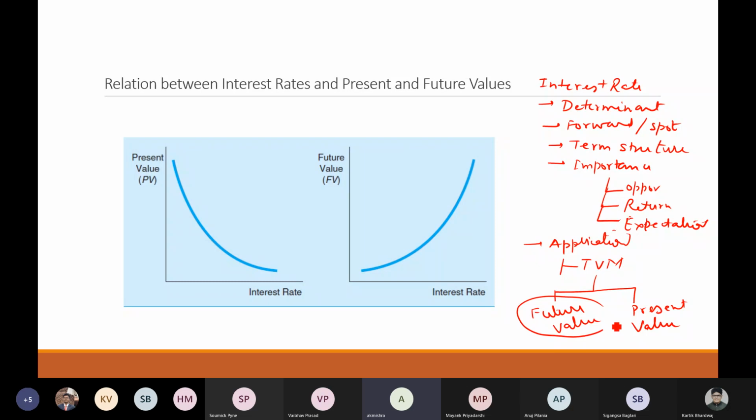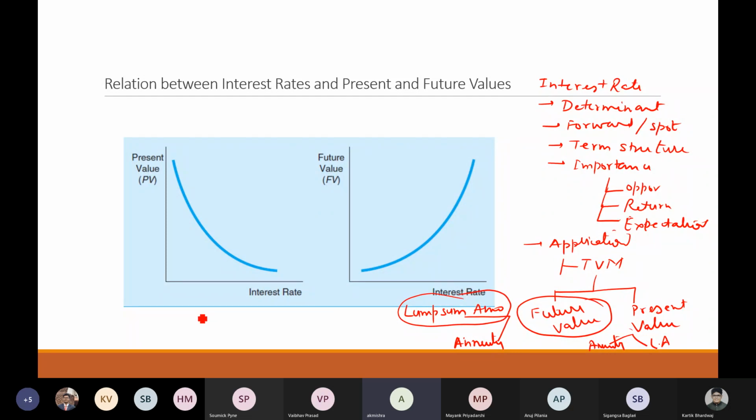Within future value, two different types of concept we can think of: future value of a lump sum amount, and here you have regular amounts, or you can call it annuity. In the same way, when we talk about present value, you will have lump sum amount and then you have annuity. Lump sum amount is basically a single-time amount.